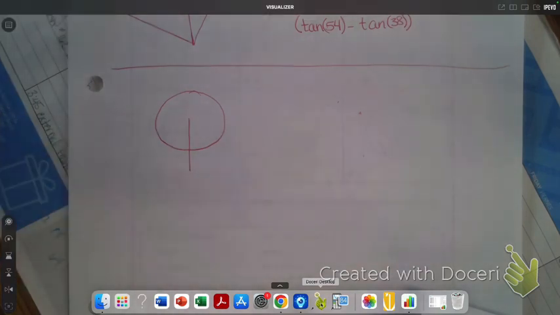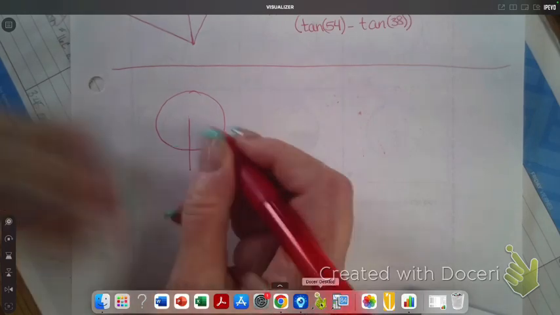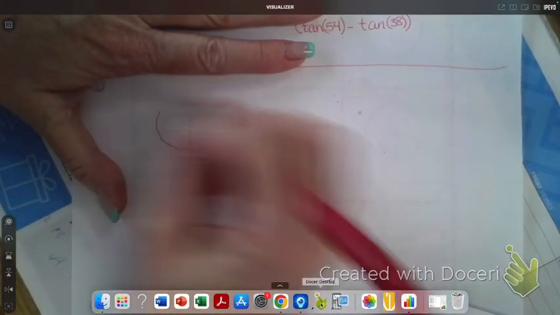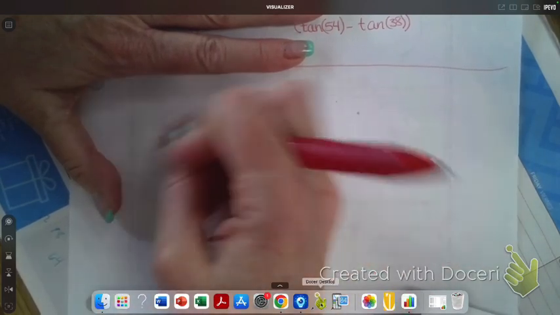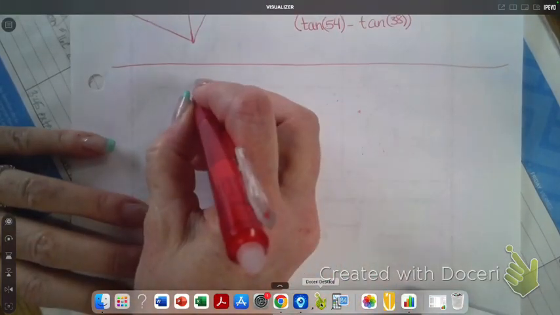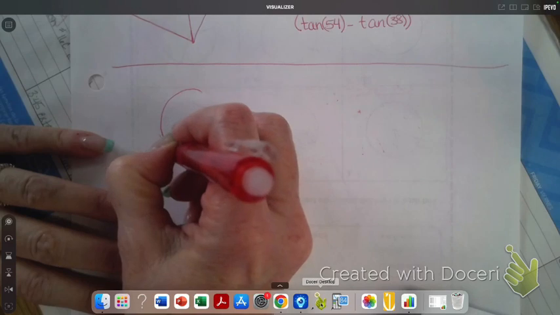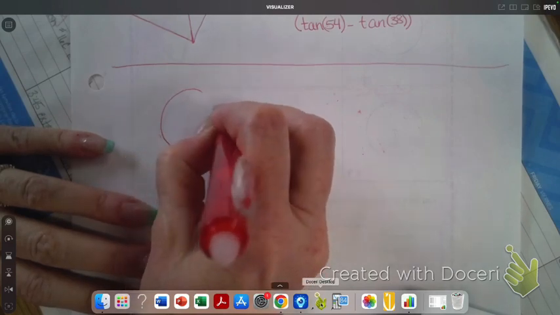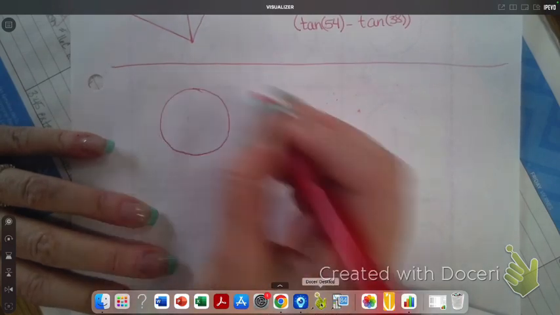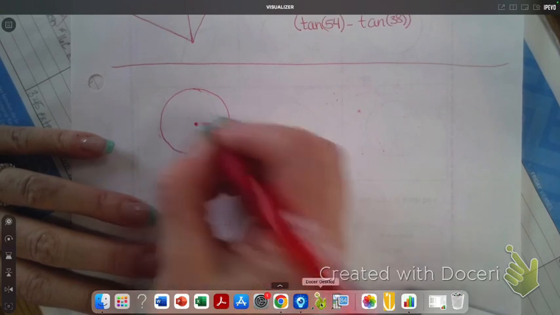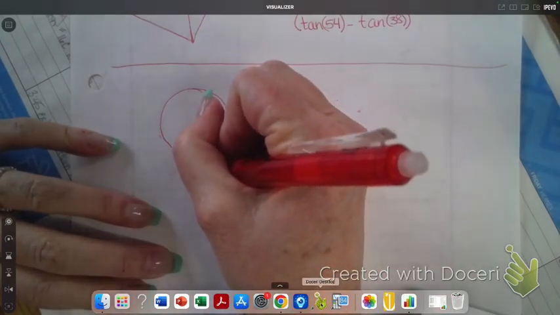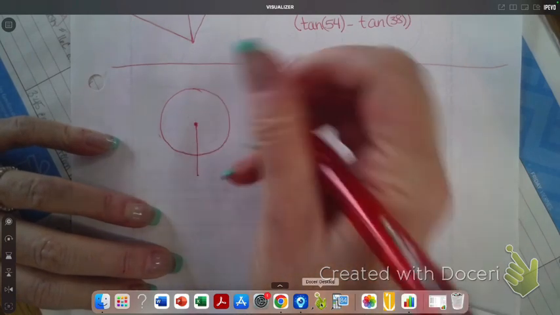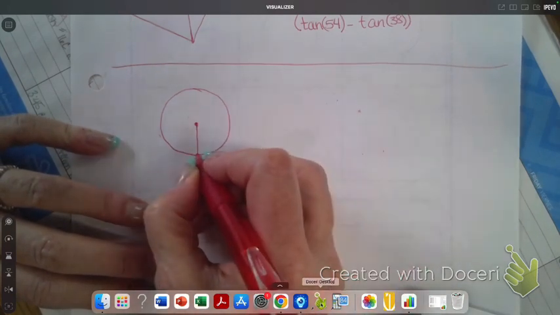So I'm going to fill some information in here that you don't have yet. And that is a horrible circle. Sorry. I can't do it. Okay. So, P sub 0 is here.